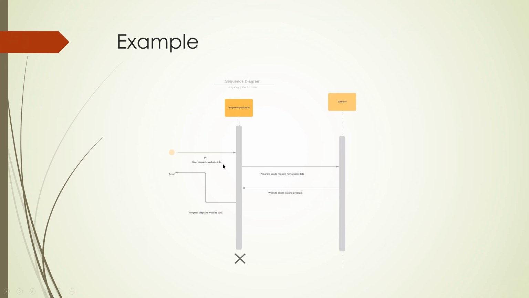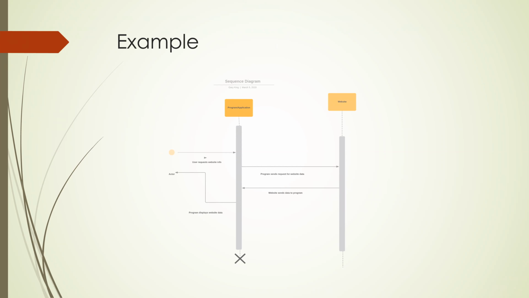The user would input the website URL, and then the program will take that and send a request to that website for the web page information, and then the website will respond back with the information. In specific, my program asked for the first 7 headers if the website even has that many, and it gets that data from the website, and then it just puts it on the screen.